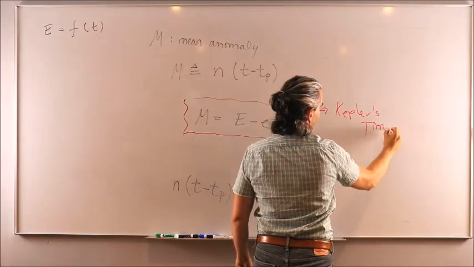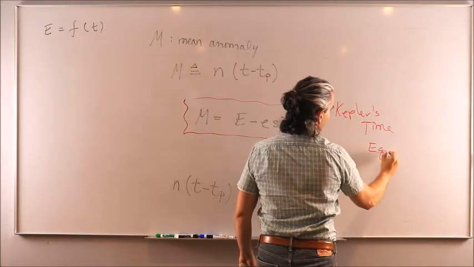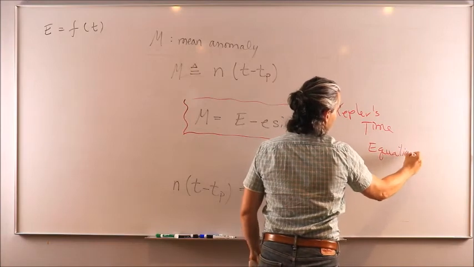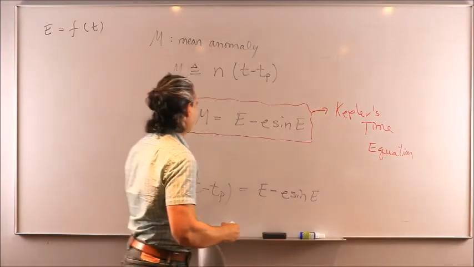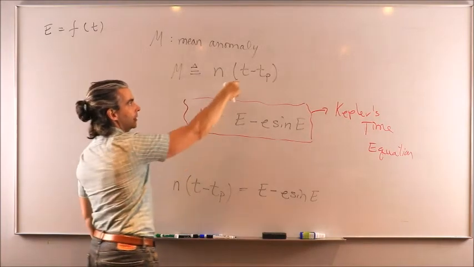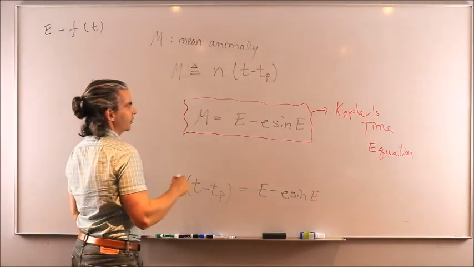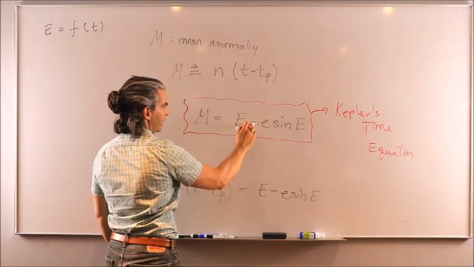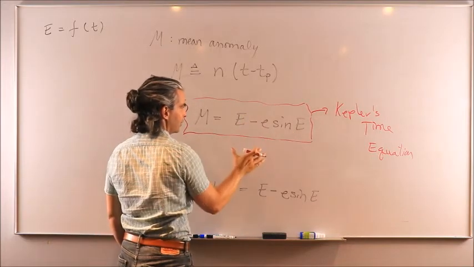Kepler's time equation gives us the relationship between time, embedded in this mean anomaly term, to the orbital position in terms of angles, in that case, eccentric anomaly.